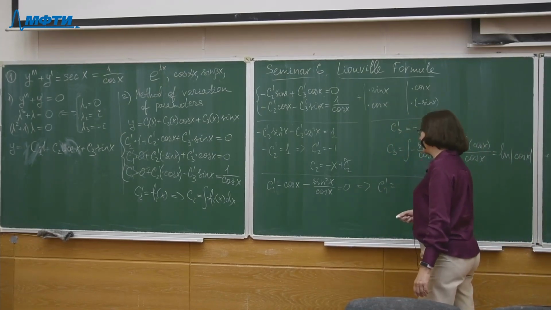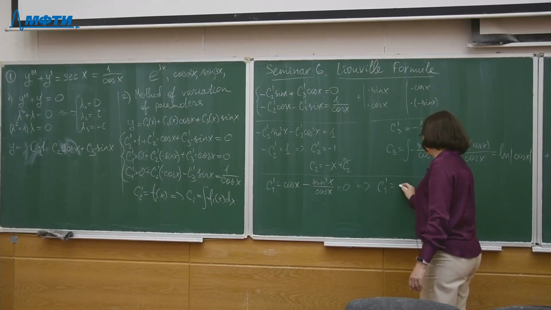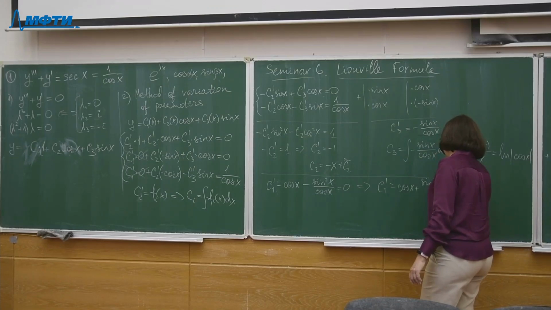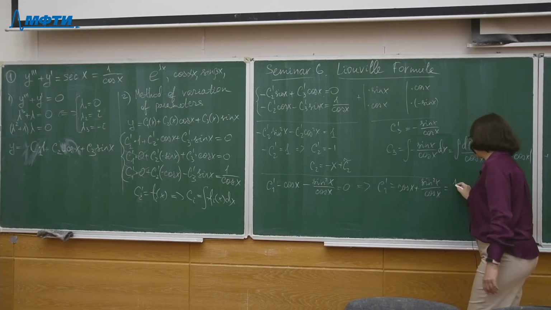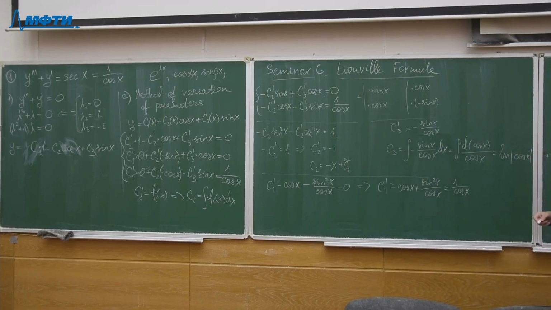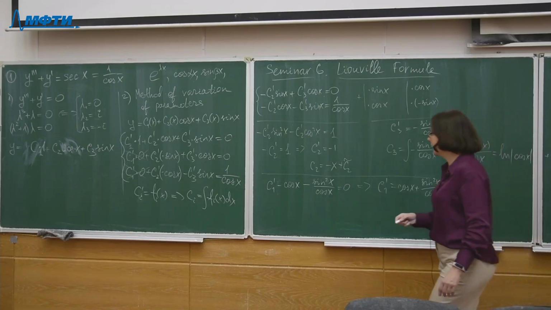Therefore, c1 prime is equal to cos x plus sine squared x over cos x, which equals 1 over cos x. And next, let's find C1.